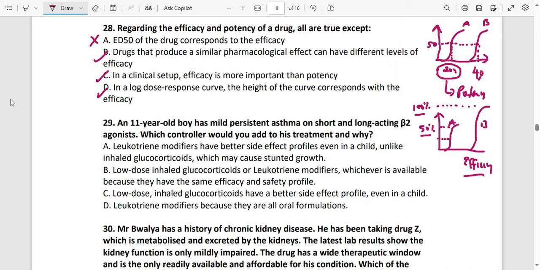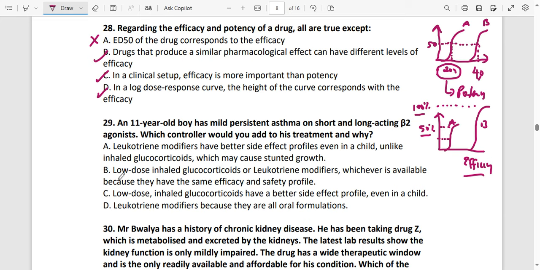So that's the answer there. An 11-year-old boy has mild persistent asthma on short and long acting beta 2 agonists. Which controller would you add to his treatment and why? Remember, this boy has mild persistent asthma on short and long beta 2 agonists. A. Leukotriene modifiers have a better side effect profile even in a child, unlike inhaled glucocorticoids which may cause stunted growth.